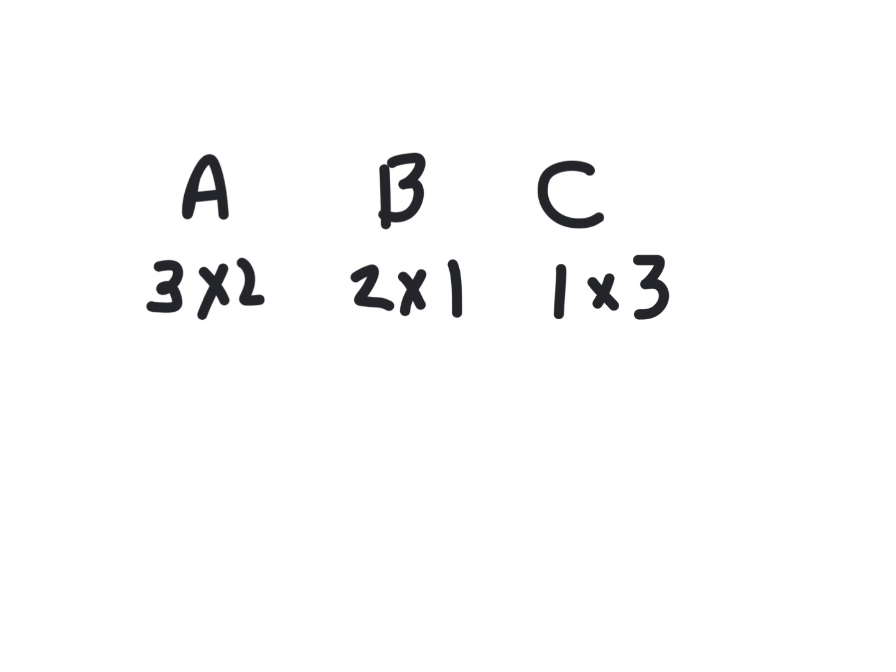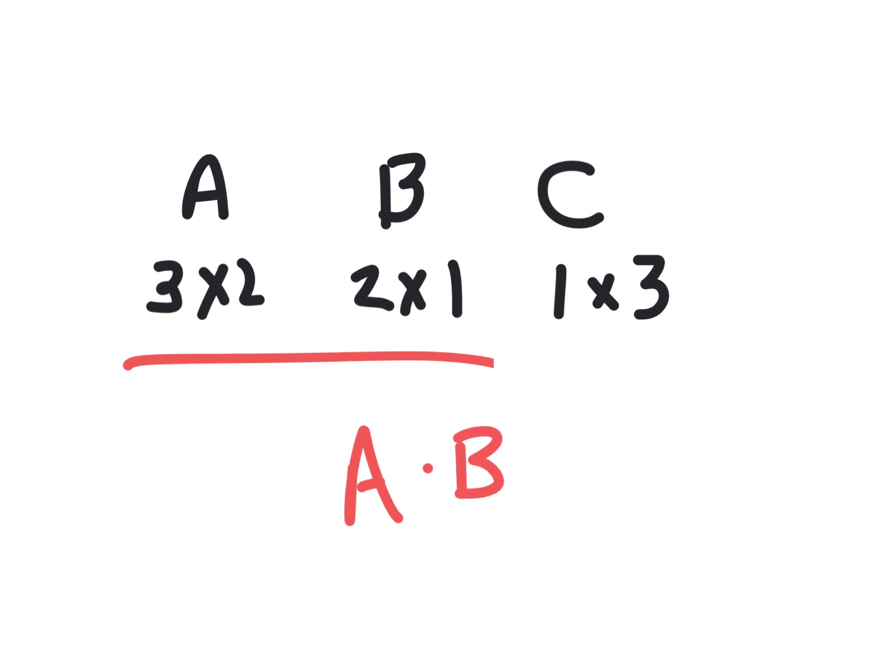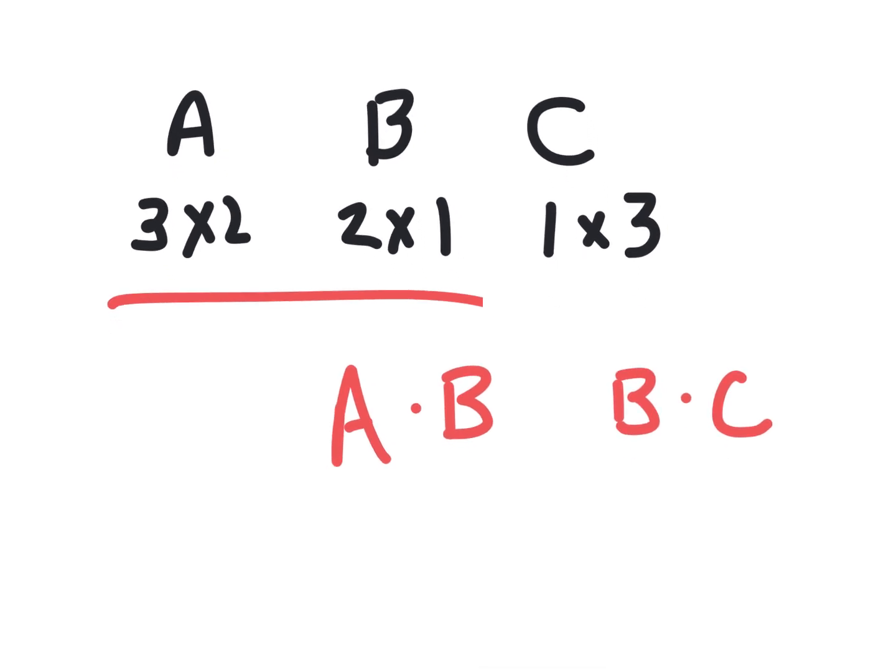I'm going to pause. So I hope you realize at first blush, you just look at these two and you're like, well, those can be multiplied. So A times B is the correct answer. But what else is there? B times C can be multiplied? Oh, but what else is there? This is important. Notice he said C times A. If he had said A times C, he would have been wrong.